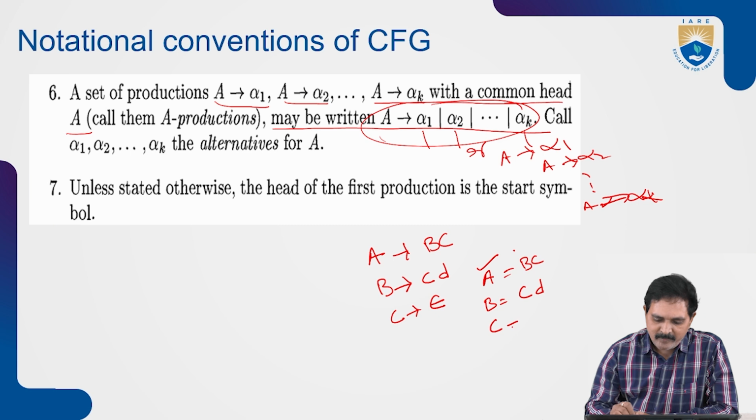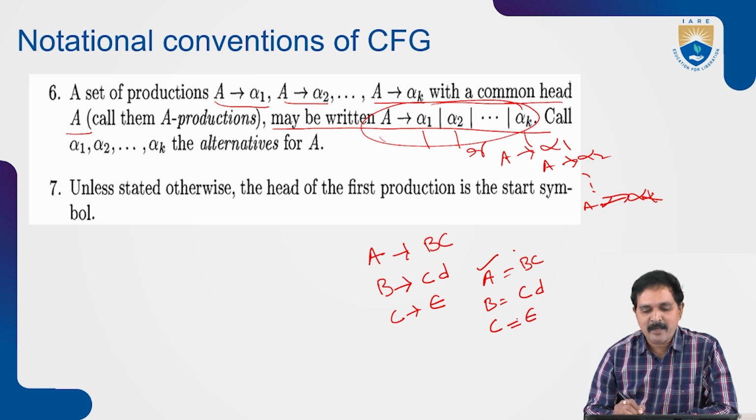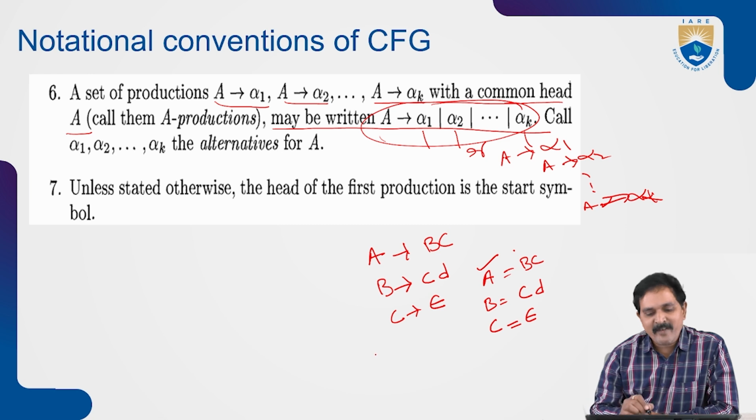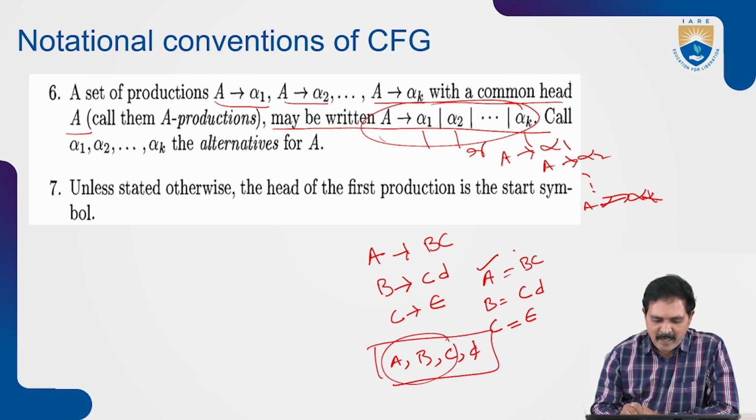And C also has a derivation, and that value is a null value. Here we have taken in total how many different symbols? A, B, C, and also small d. So among these four different symbols, only these three have derivations.